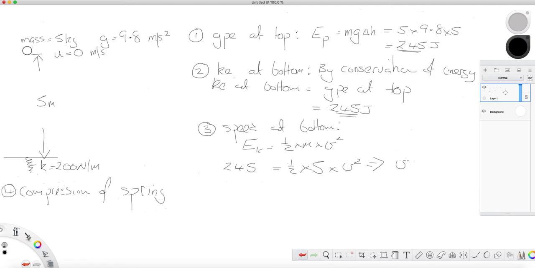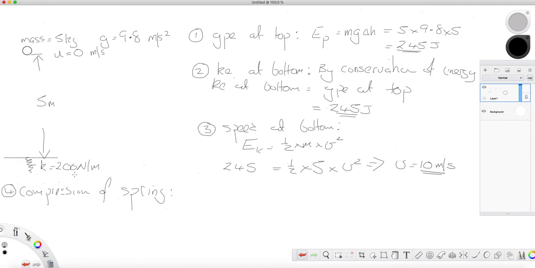That's going to lead us to a speed of just short of 10 meters per second, 9.89 meters per second. So we'll call it 10 meters per second to fit in with the sig figs we've got up here. So the compression of the spring then.